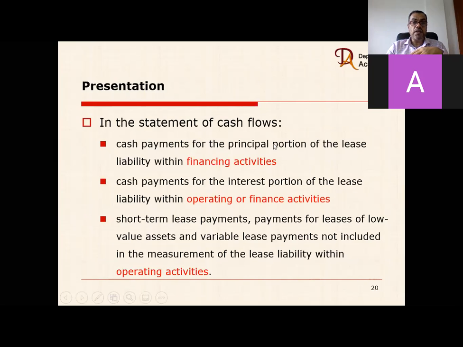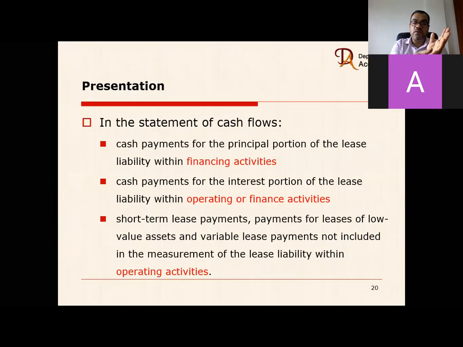In the statement of cash flows, cash payment for the principal portion. So this is the point. Sometimes we might be a little bit confused. Cash payment for the principal portion of the lease liability is financing. For example, when we make a lease rental of 60,000, you know how to split it into capital portion and interest portion.